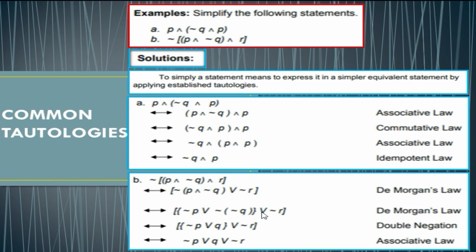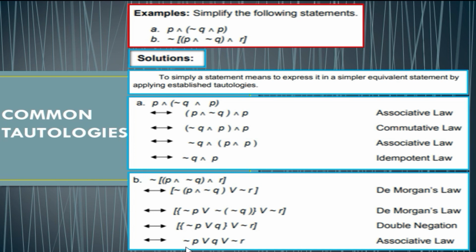And copy the last. That is through De Morgan's law. After this, it is written as not P or (Q or not R). So from here, the negation of not Q is just simply Q, and then copy the last. That is double negation. So if it is not Q, then the negation of that is Q, double negation.